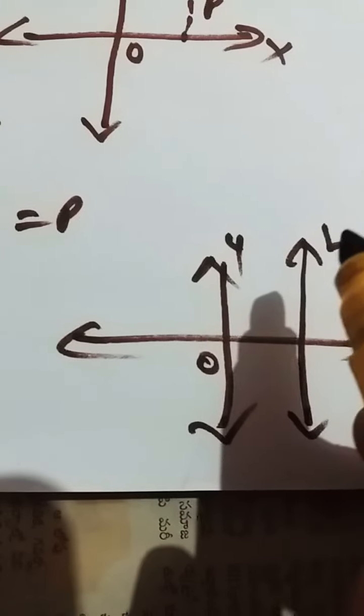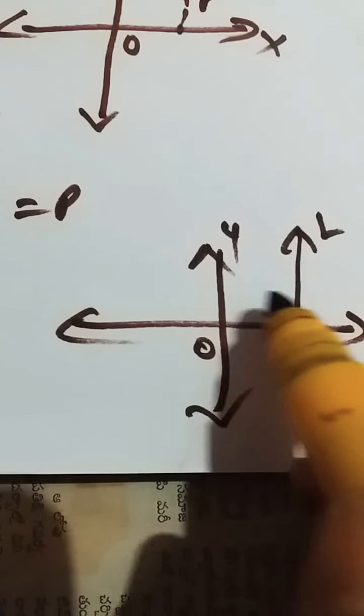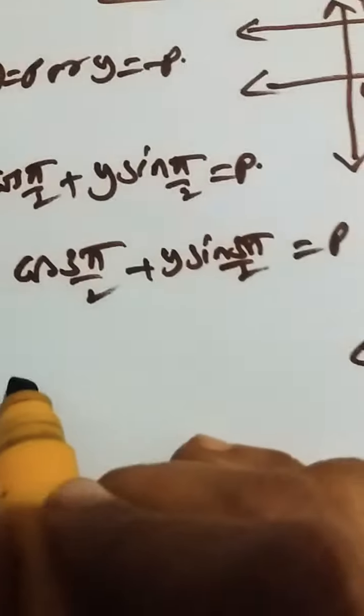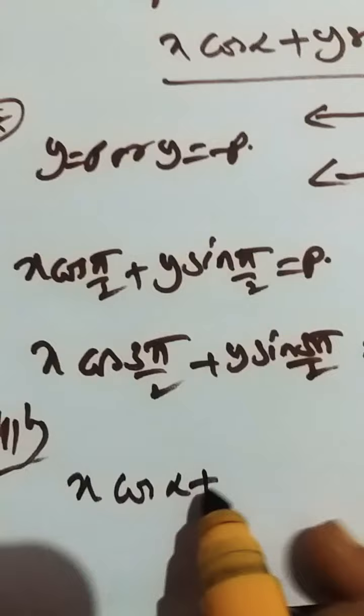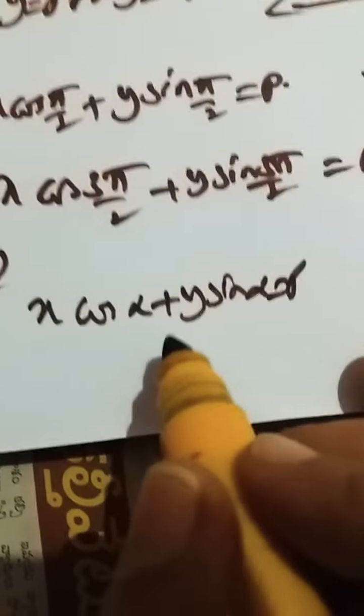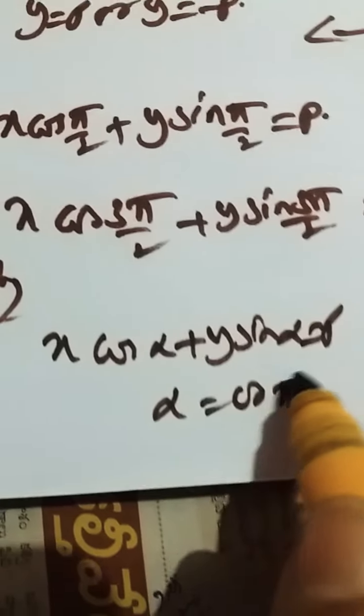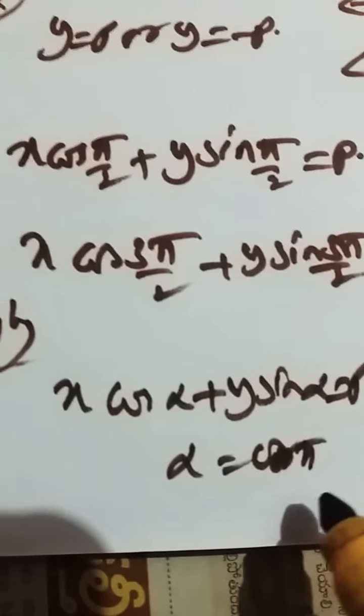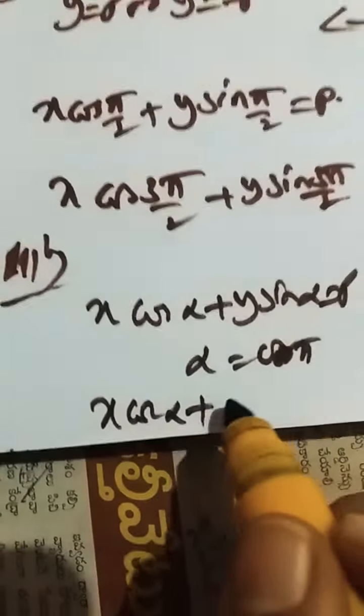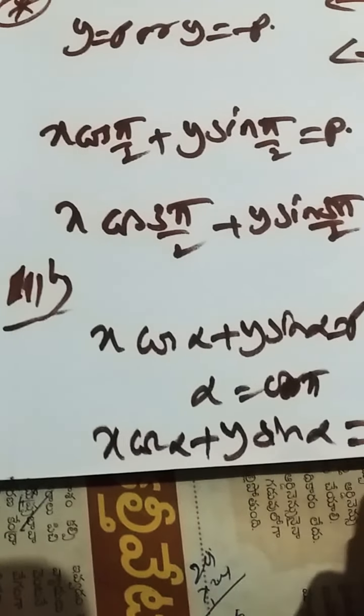If the line meets only the x-axis, then we have the distance between these two as P. Then we will get our straight line in the form of x cos alpha plus y sin alpha equal to P. The value of alpha may be 0 or pi. Then we will get x cos alpha plus y sin alpha is equal to P.